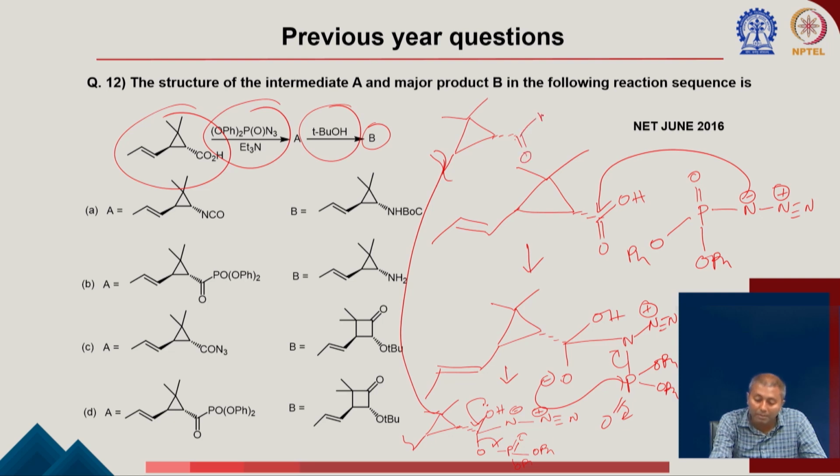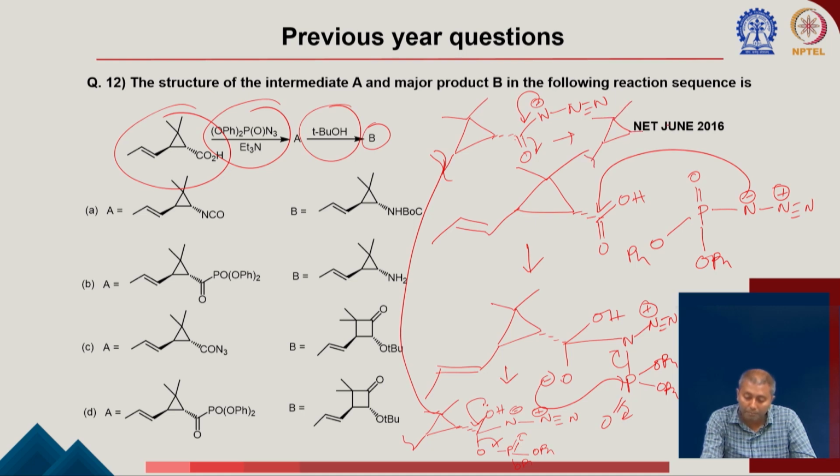So, this is ready for the Curtius rearrangement. If you remember, this is going to come back from the corresponding O minus, and then it is going to form the corresponding isocyanate, correct.